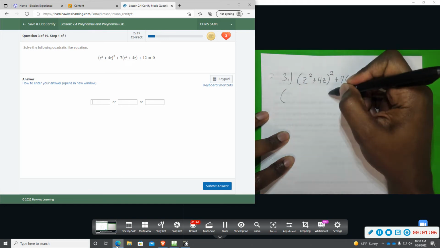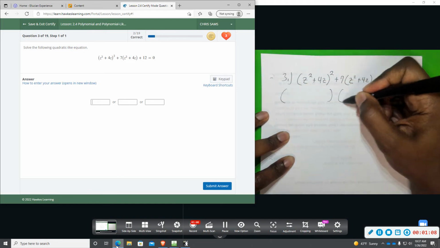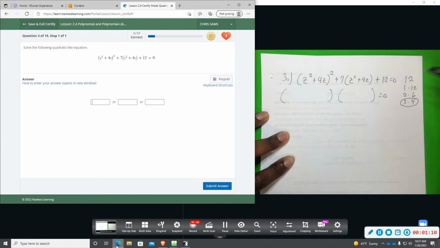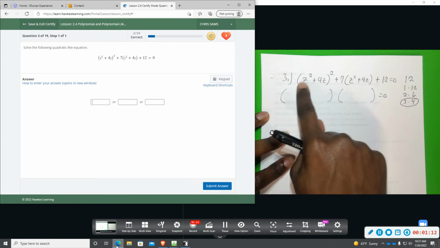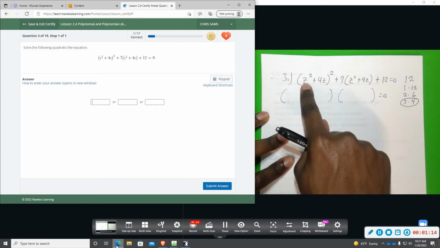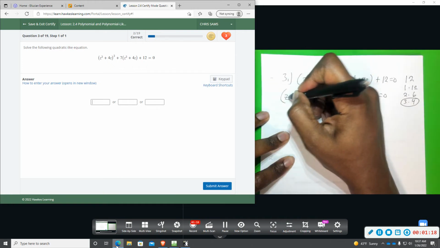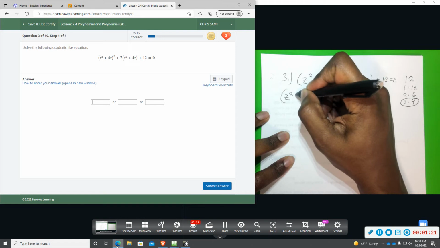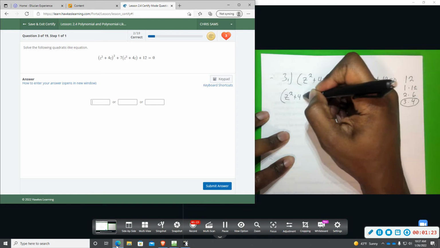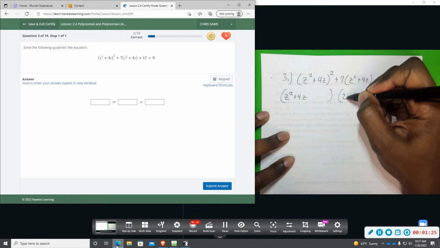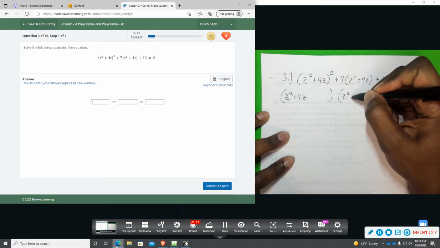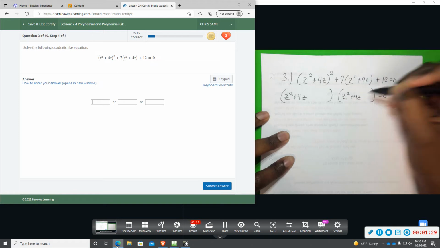I'm going to do my 2 sets of parentheses. And then in the front, I'm going to split up the z squared plus 4z terms, 1 in each: z squared plus 4z, and then z squared plus 4z.